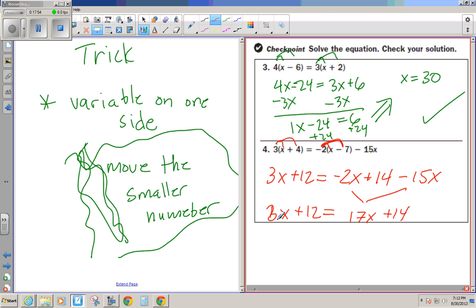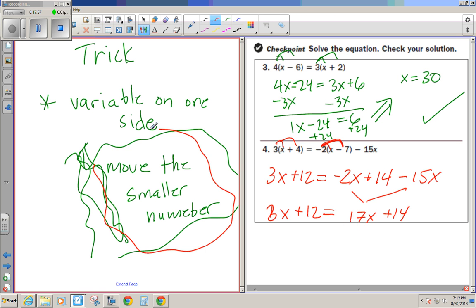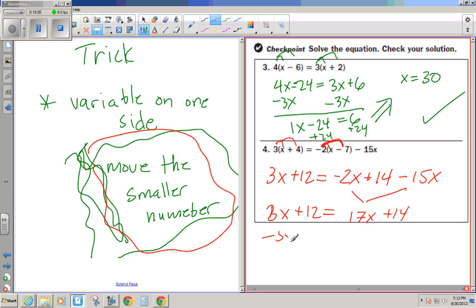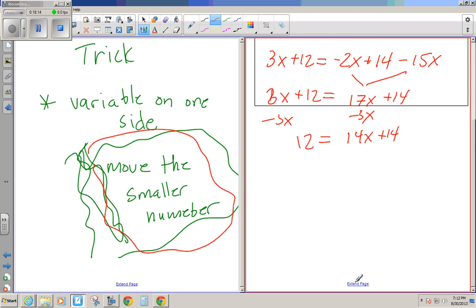All right, move the smaller number. So let's subtract 3x from both sides. Subtract 14 from both sides.